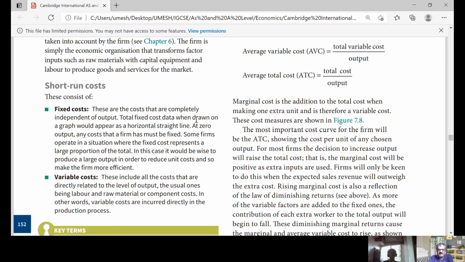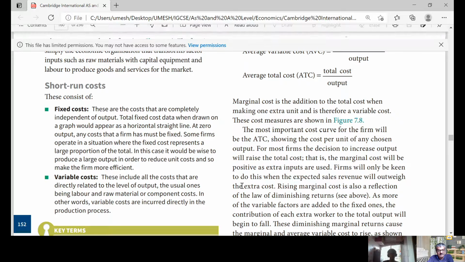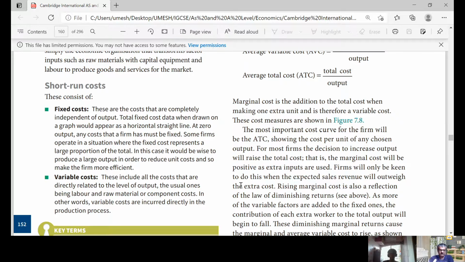Total fixed cost data, when drawn on a graph, would appear as a horizontal straight line. At zero output, any cost that a firm must be paying must be the fixed cost. Some firms operate in a situation where the fixed costs represent a large proportion of the total.